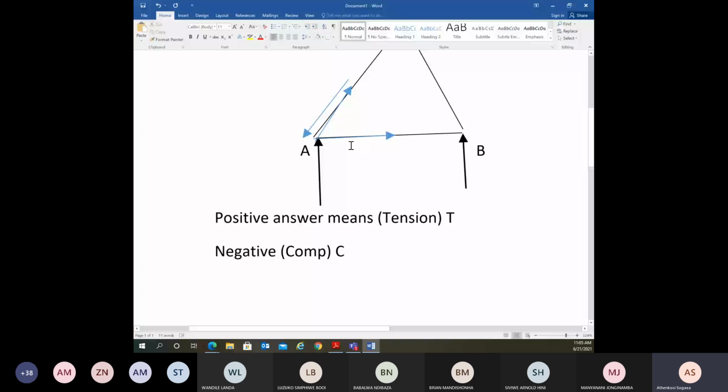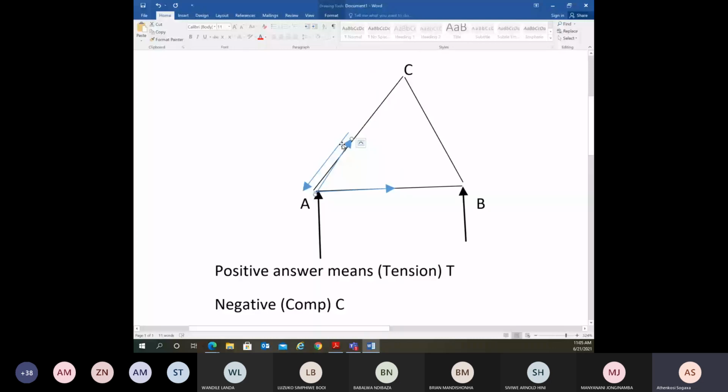Let's say I've calculated this force and determined that it is in compression. That means at point A it's in compression, also at point C it will be in compression. If this is in tension at point A, then at point B it will be in tension.